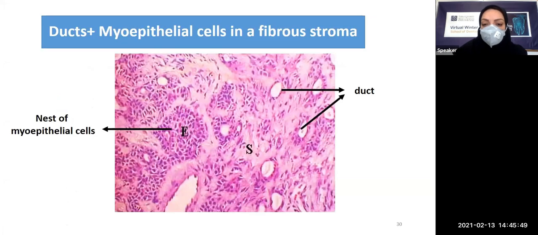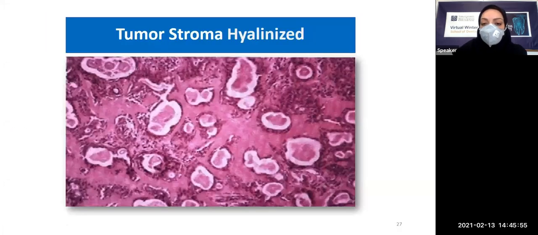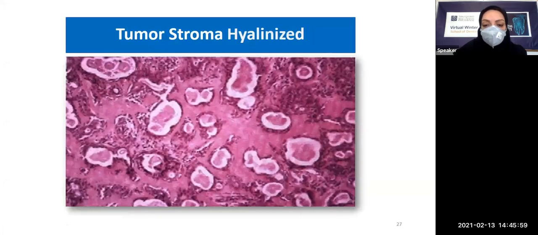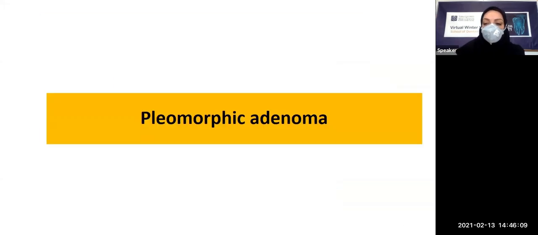So here you can see the pictures again. A chondroid material, many ducts, hyalinized stroma, duct cells, myoepithelial cells, and some of the myoepithelial cells are plasmacytoid. This is pleomorphic adenoma, which is the most common salivary gland tumor.